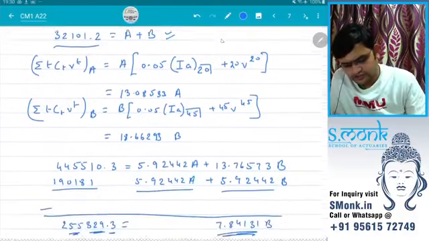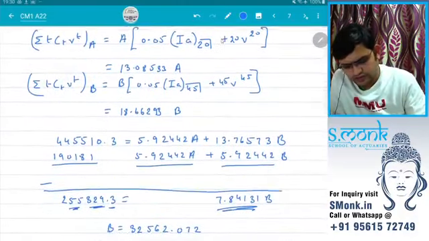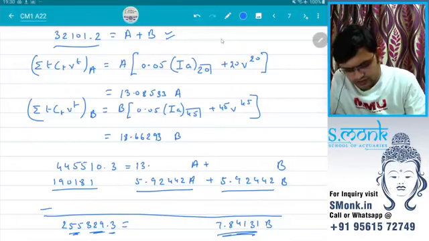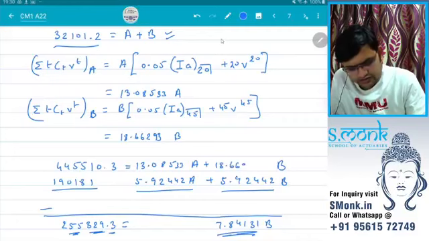Yep, that is what my mistake was. So one equation 13.08533, and here 18.66293.